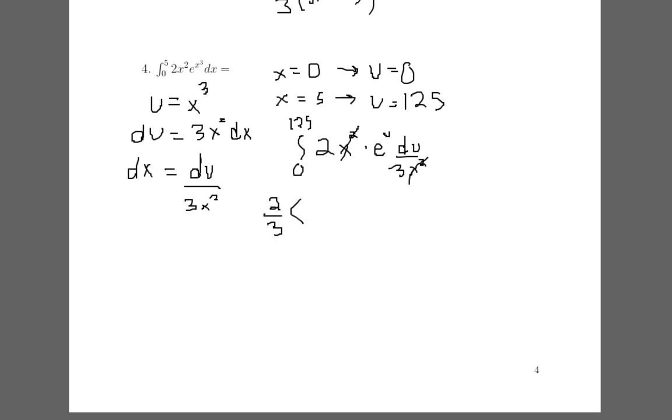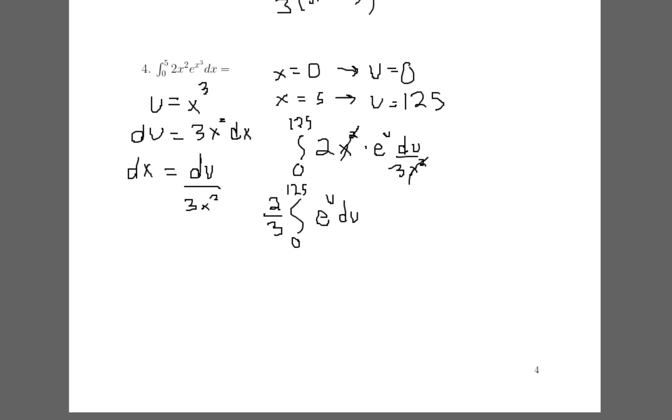So we have 2/3 times the integral from 0 to 125 of e to the u du, which we know the derivative of e to the x is e to the x. The antiderivative of e to the x is e to the x plus a constant if you're doing an indefinite integral.